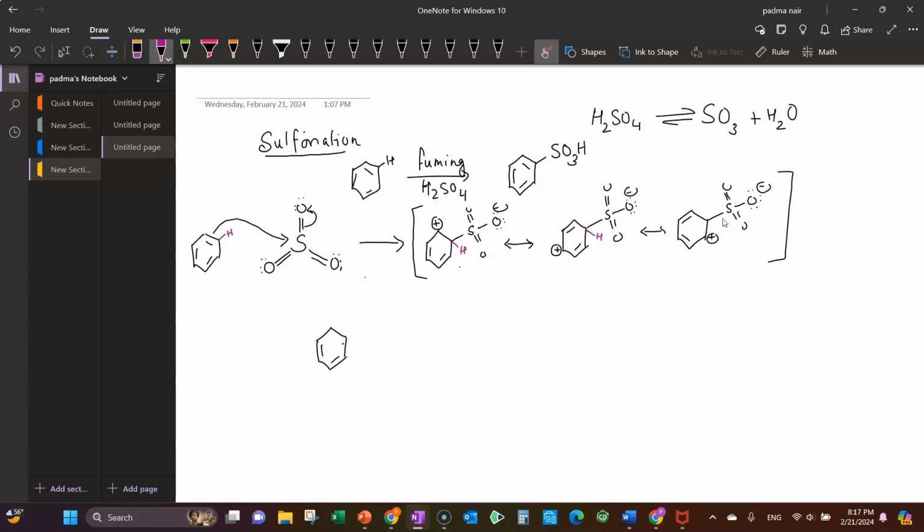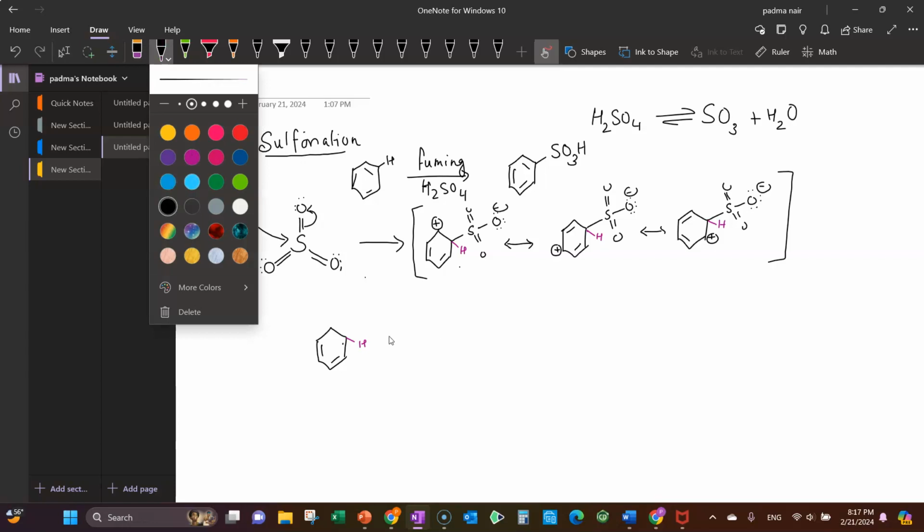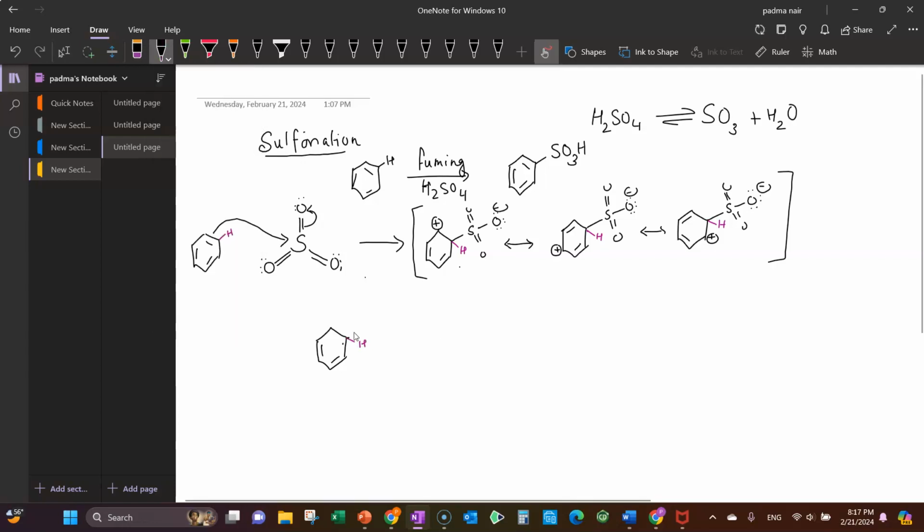So it's good to keep drawing the proton to show how the base will come and remove it in an acid-base reaction. So I will still keep drawing the protons. Pick one of the sigma complexes and keep the positive charge here.